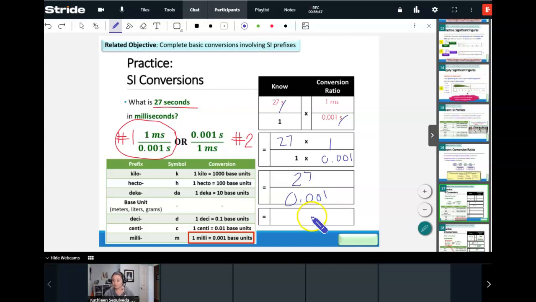Okay? Now I have a simple division problem. So now I divide 27, and if you have a calculator, you're going to go ahead and punch in 27 and then push the division sign and put 0.001. What do you get?